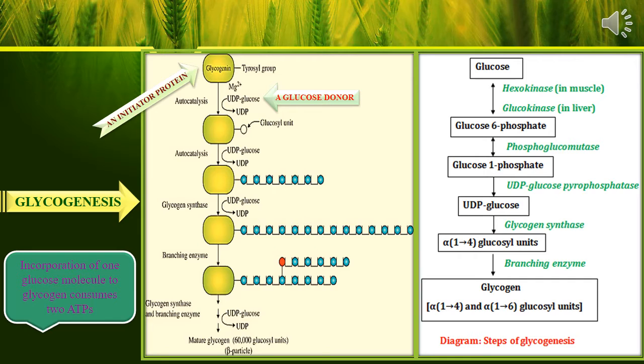You can see UDP glucose is converted to UDP, and this UDP uses ATP to form UTP and then ADP. Thereby, to attach one glucose molecule to glycogenin to form glycogen, it consumes 2 ATPs. Similarly, many ATPs are consumed.